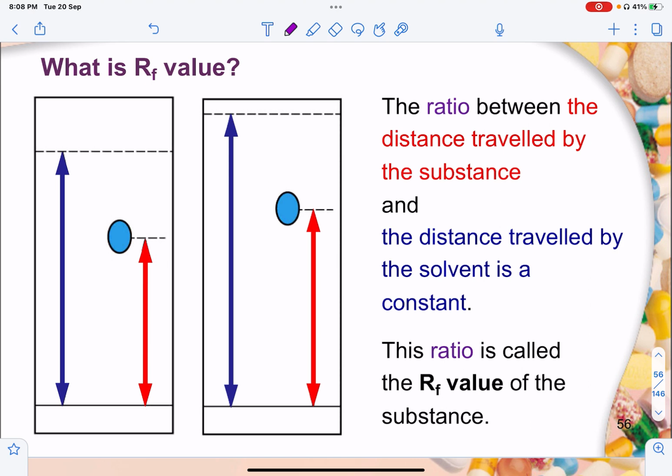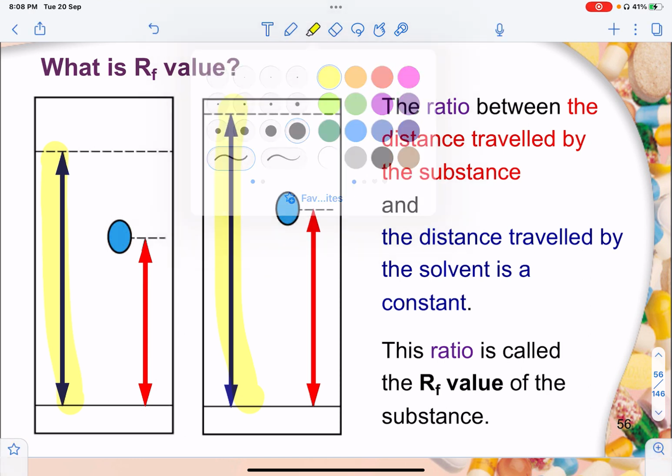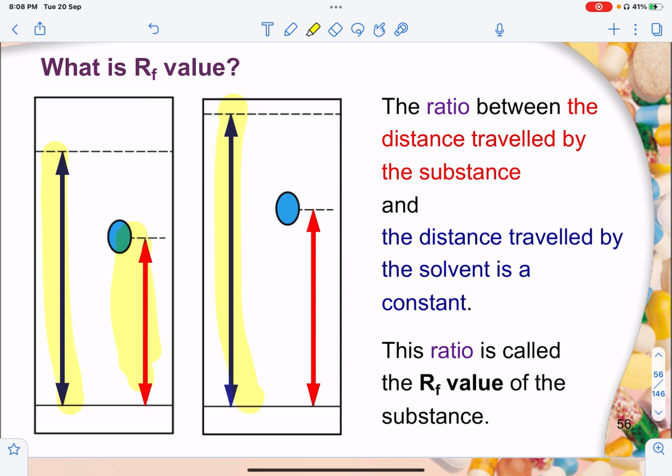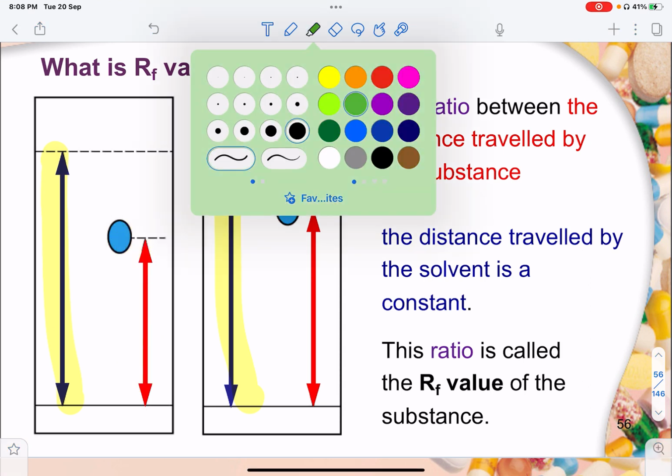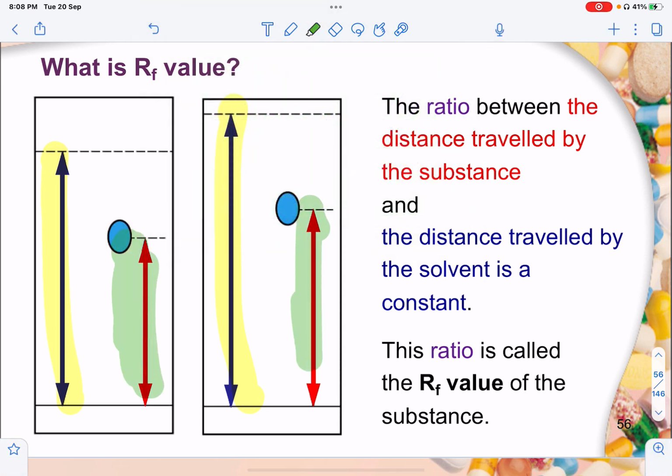So when we put water, we'll see that the blue line will indicate where the water or solvent used travels up. However, the component will generally stop at a certain point, which is the one in green. So this is where it will stop.